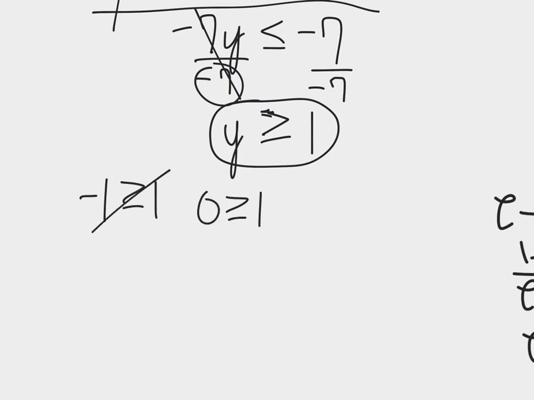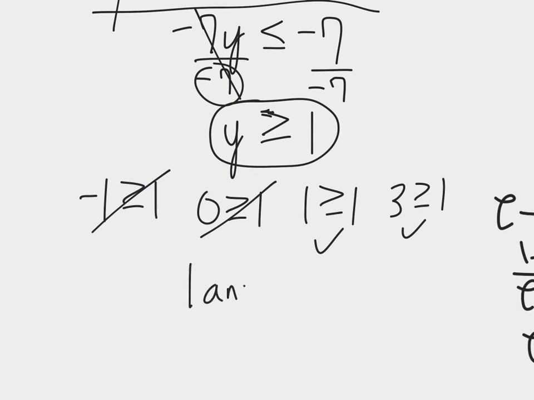Is 0 greater than or equal to 1? No. Is 1 greater than or equal to 1? Or equal to, yes. Is 3 greater than or equal to 1? Yes. And so the nice thing having solved that is now I can just quickly see whether those work or not. So solutions there would be 1 and 3.